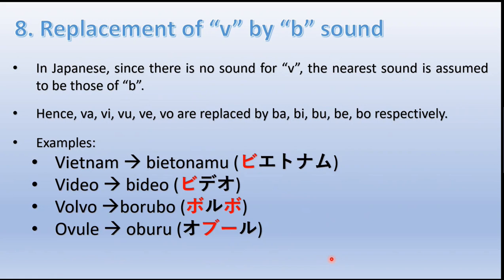So, for example, if the foreign word is Vietnam, then in Japanese it will become Betonamu. Video will become bideo. Volvo will become Borubo, and ovule will become Oburu. So simply you have to replace the V sounds with B sounds. So this was rule number 8.